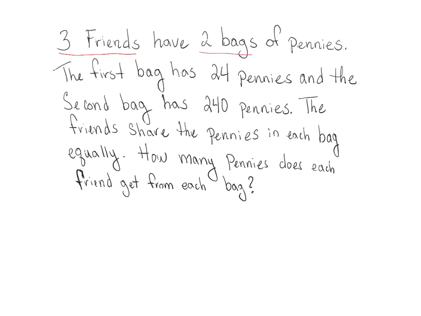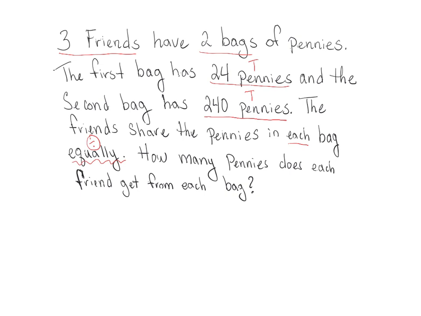Now, I see a total here in one bag. This is our total, 24. And the second bag, we have another total of 240 pennies. And the friends share the pennies in each bag equally. So we know when we hear that word each and equally, we're going to be doing division.